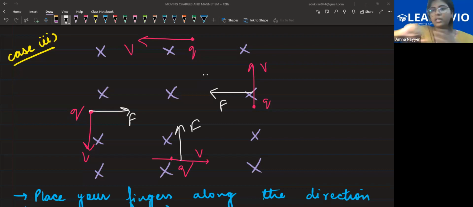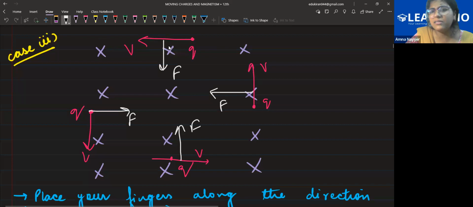See, this is the velocity. Magnetic field is inwards. And when you have the magnetic field inwards, you have the thumb in the downwards direction, right? So this is downwards. These were just random 4 points. If I take one more point here, one more point here, one more, all these, see, where is the force?